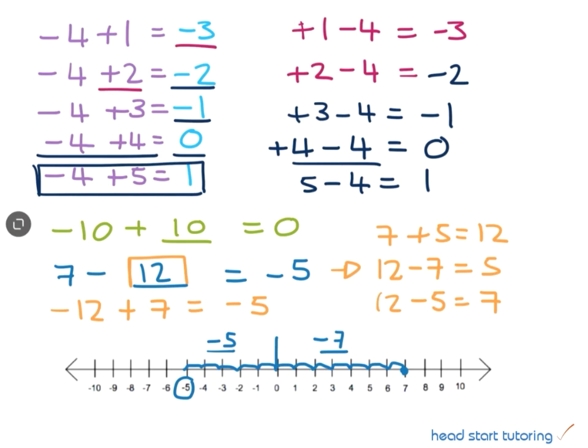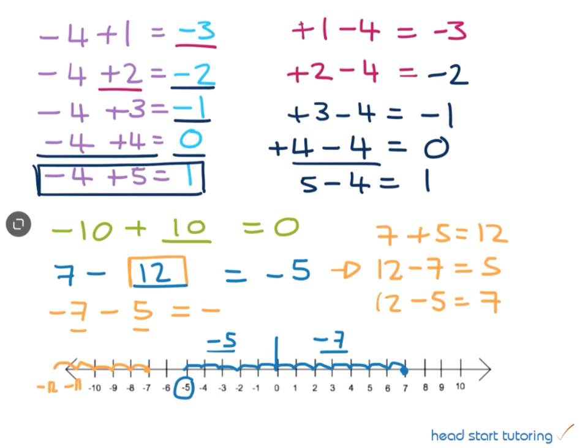If we were working with two negatives, let's work with negative 7 minus 5. What we can do is act as if we were adding the 7 and the 5, but we know that we are going to go further into our negatives. So if we start with negative 7 there, we are going to end up going 1, 2, 3, 4, 5 places back, which would be negative 11, and then negative 12.